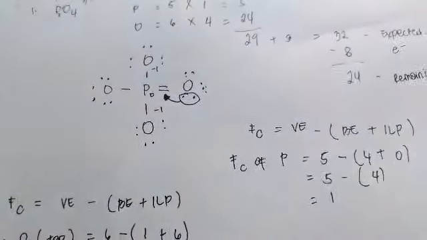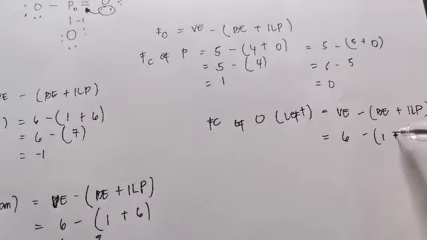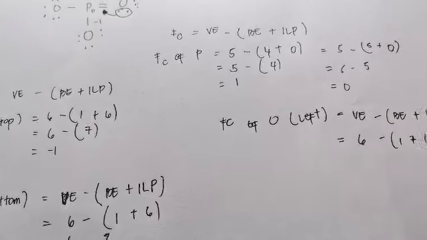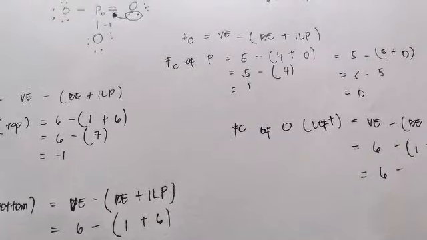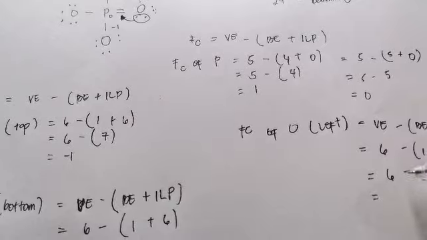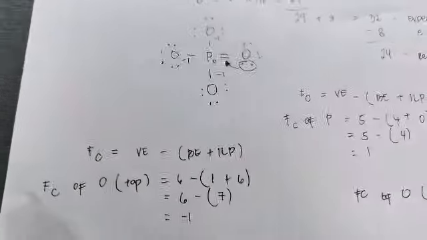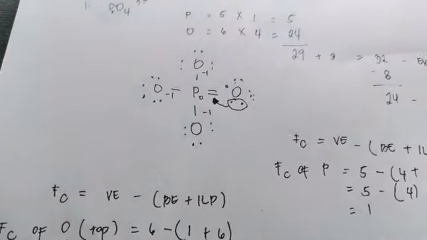You have only 1. Plus the individual lone pairs. How many individual lone pairs? You have 1, 2, 3, 4, 5, 6. So put there 6. So you have 6 minus 1 plus 6. You have 7. So you have 6 minus 7, negative 1. Okay, lalagay po natin yan si negative 1. Kanina po sa right is 0. So ilalagay po natin yan si 0.